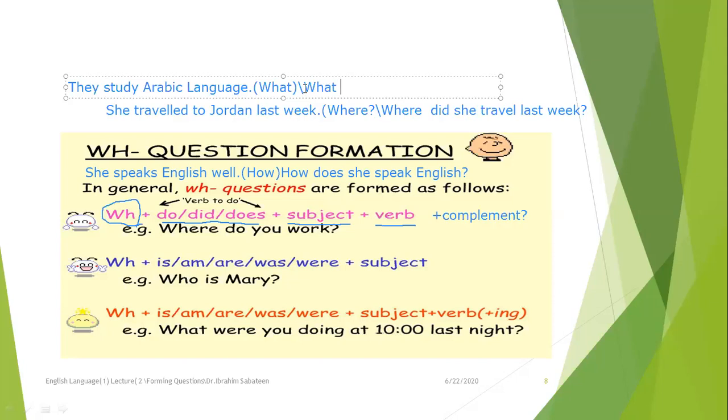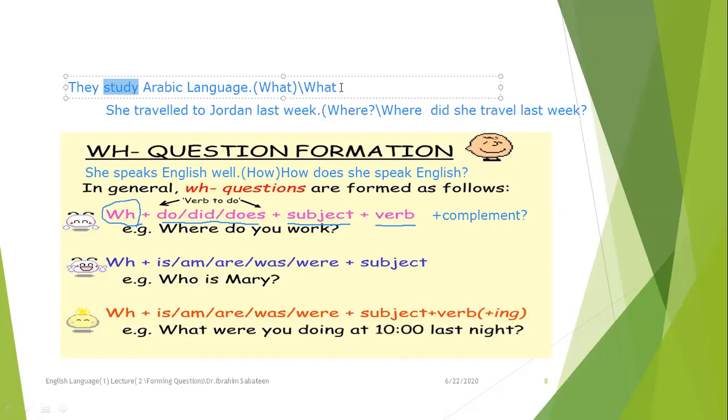After that شو بدي auxiliary verb المساعد. Do you have an auxiliary verb؟ في عندي auxiliary verb بالجملة هان؟ They study Arabic language. No. So I have to derive it from the main verb. وين المين verb عندي هنا؟ study. Yeah. Look here. Study. It's a present simple without s. بما إنها present simple without s, I have to derive what?